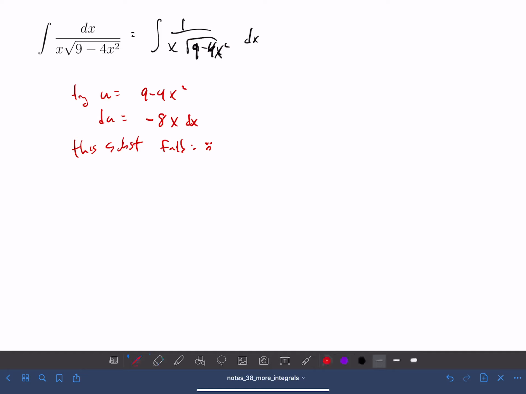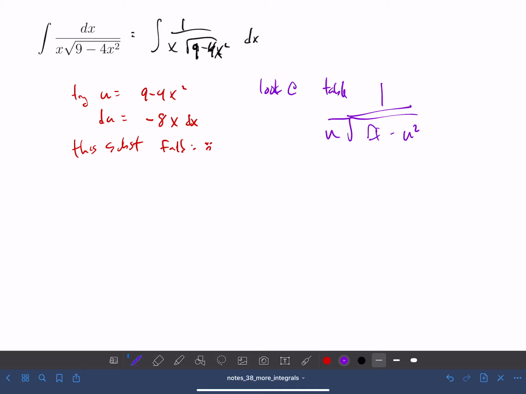I might pause and look at the table for something that looks like u root blah minus u squared, and then we'll moosh it into this form if we can find it. Oh, sorry, 1 over. All right, so I want you to look for this in this table. I'm looking too.